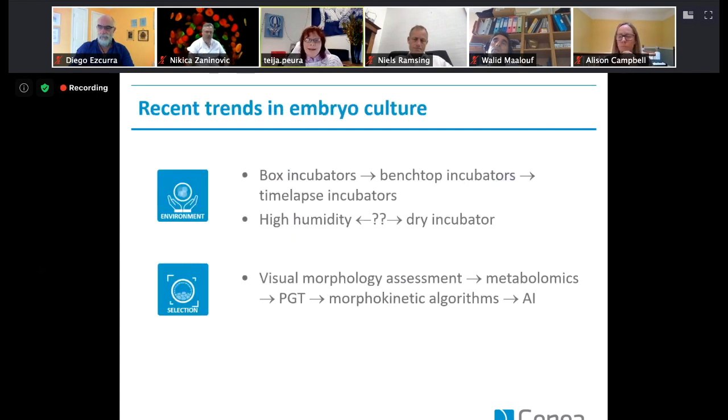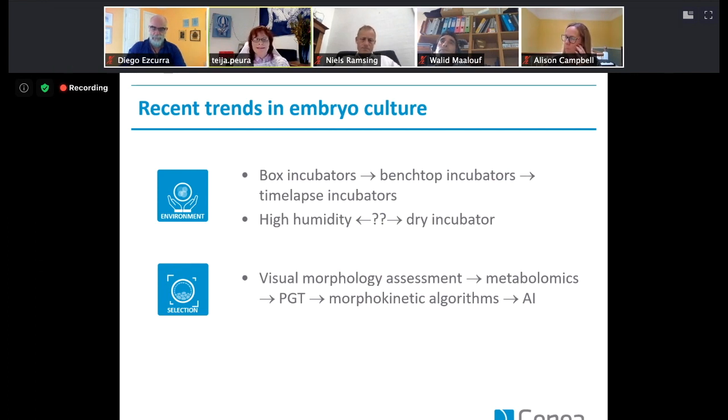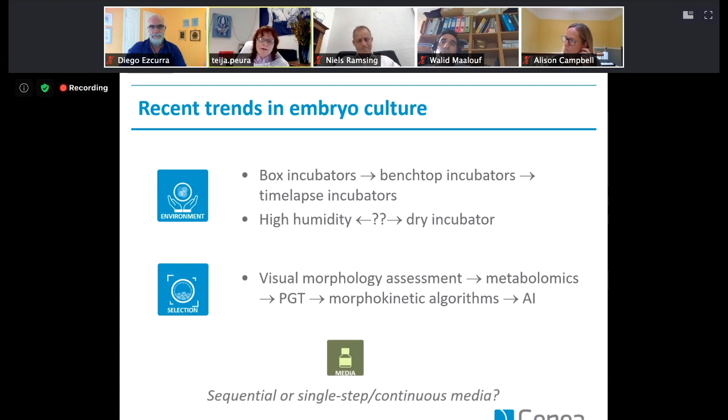I think that previous speakers already covered the history, so I will not go into these trends. I will only highlight that the humidity question seems to have raised its head again over recent years. And the morphologic assessment has given more space to more modern techniques: PGT, morphokinetics, and AI. And in the background lurks also the media. That is important.